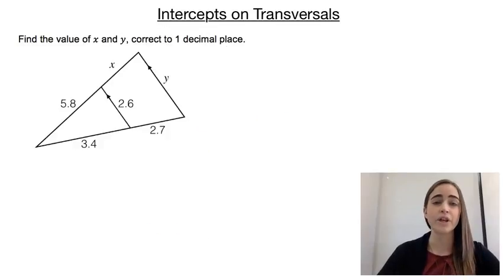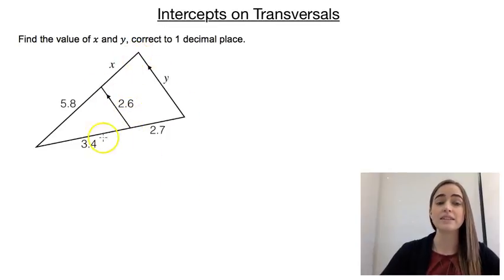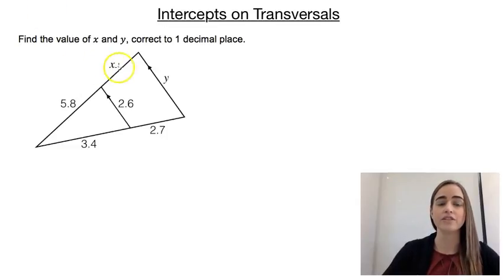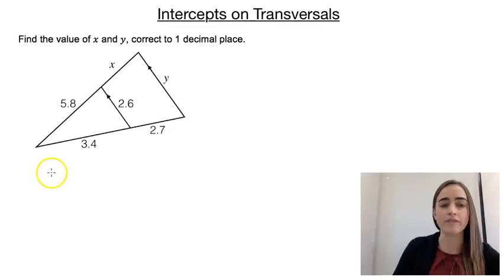So the first example that I want to have a look at says find the value of x and y correct to one decimal place. So we've been given this triangle here, and we know that these two lines here are parallel. What that means is that that interval there is going to split this side and this side in the same proportion, in the same ratio. So to find x first, we know that x over 5.8 has to be equal to the other side in the same order.